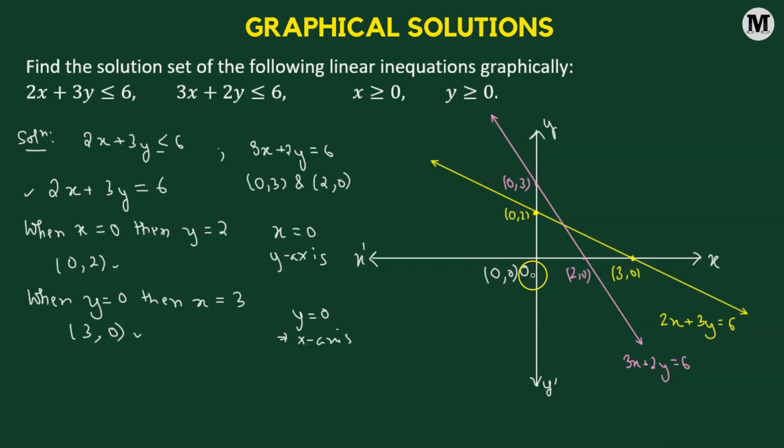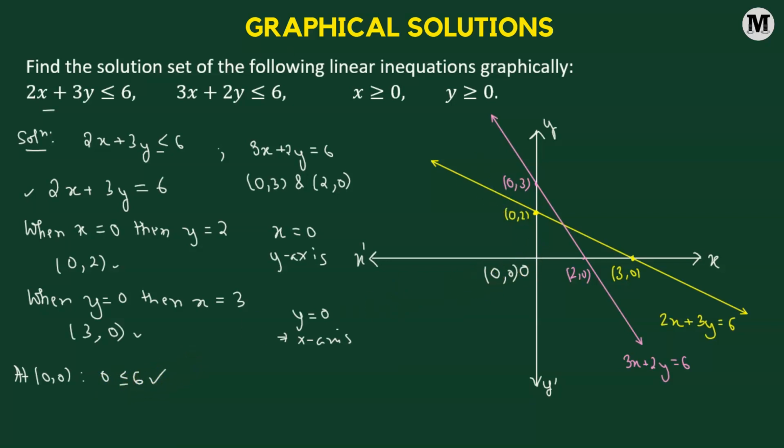So if we choose the point of origin, which is actually lying below the line 2x plus 3y equals to 6, and substitute it into our inequality, then we will see that at (0, 0), our inequality is going to become 0 less than or equals to 6. Now we need to check whether it is a correct statement or not. Yes, that's a true statement. 0 is indeed less than 6.